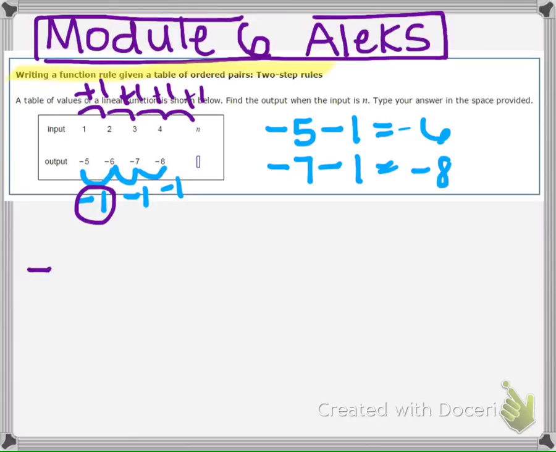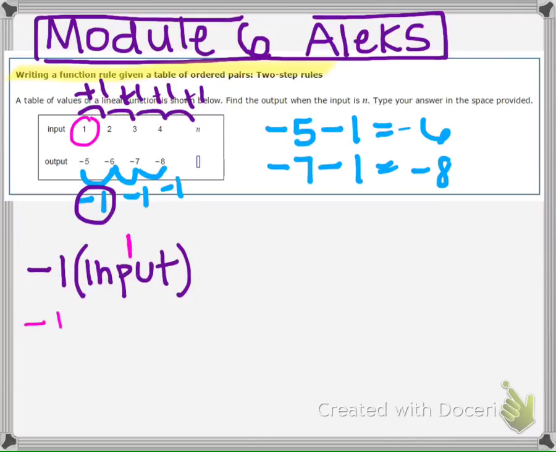going to multiply the -1, since we're subtracting 1 every time. I'm going to try to multiply by -1 to our input. So I'm going to take the input number and multiply it by -1. I'm going to take the first one here and input a 1.